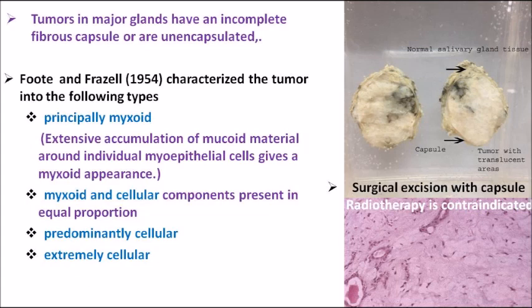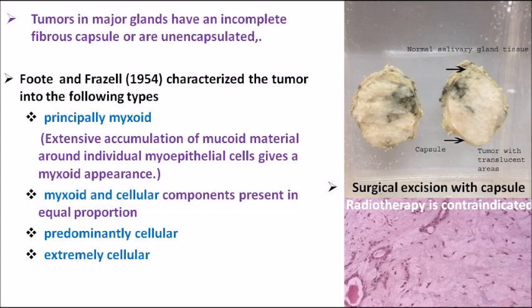They can even ask you the classification, which type belongs to type 1, type 2, type 3, as a match the following, just to confuse you and make the paper a little tougher. So note down: Foot and Fresel classification in 1954 has classified it into principally myxoid, mixed, predominantly cellular and extremely cellular.